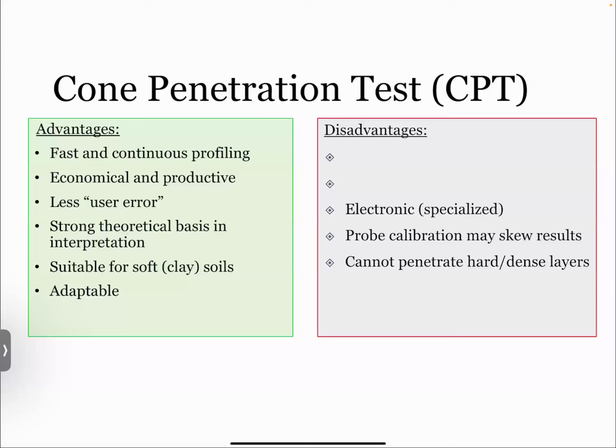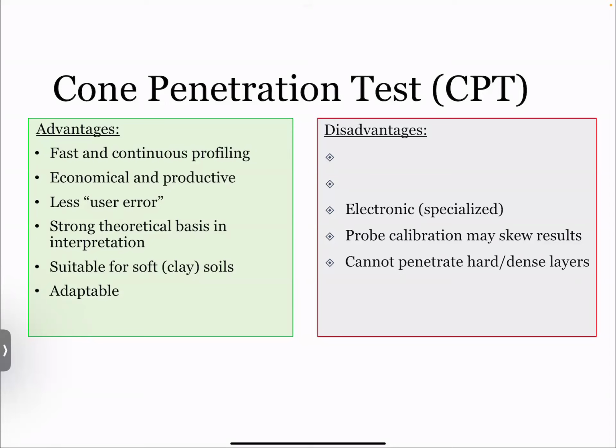There's a strong theoretical basis for interpretation, especially when it comes to pile driving and pushing. Essentially what you're doing with this is pushing a miniature pile into the ground. So there's a lot of correlations to that. And it's much more suitable for soft clay soil because with that hammer, you're just banging clay and it's going everywhere. This is like a nice butter knife slicing through it and you can measure the resistance of it.